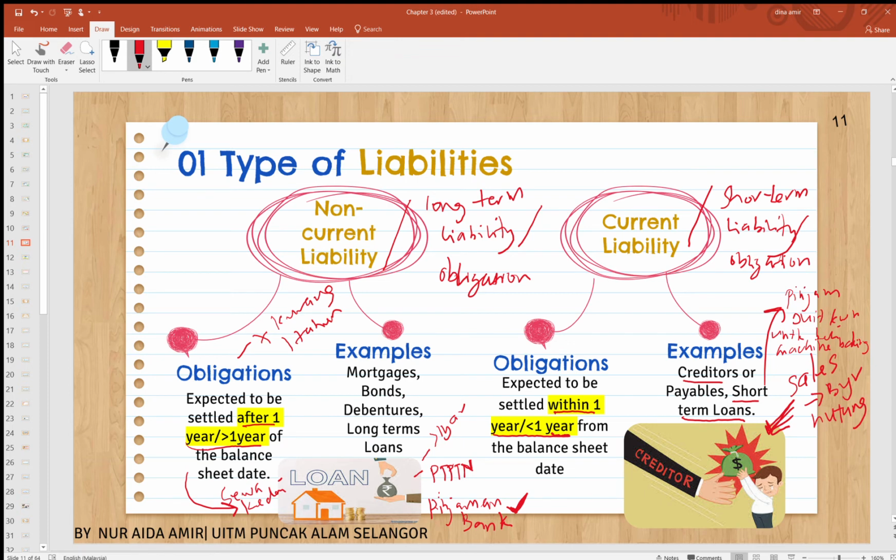Tapi bila you dapat production, you dapat sales daripada mesin tu, which is you can produce a lot of cupcakes, a lot of cakes, then duit jualan tu you akan bayar balik pinjaman duit yang you pinjam dari kawan you tadi. So that is what we call as short term. Dia tak melibatkan jangka masa yang panjang. Sangat singkat you boleh bayar.